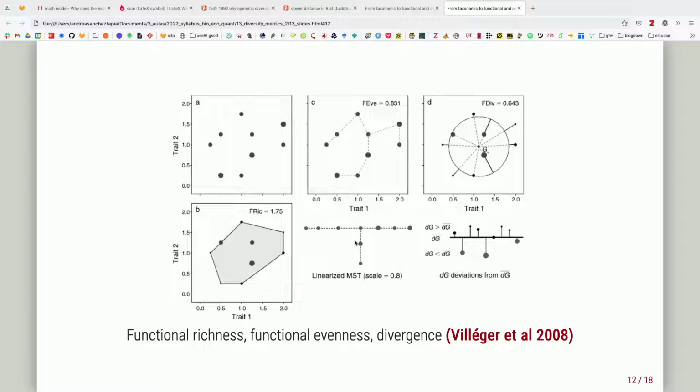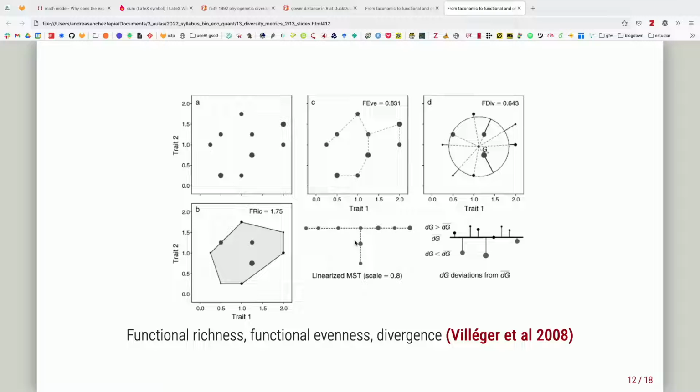So most of the problems in functional diversity, when they are approached like this, are dimension reduction problems. You want to reduce the 13 traits, the 13 dimensions of variation, into a way of dealing with this graphically and mathematically in fewer dimensions. So this example is only with 2 traits.